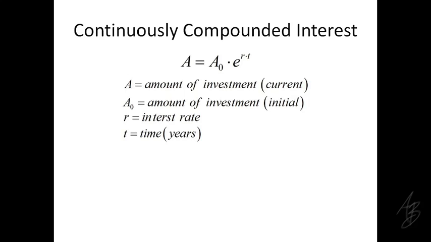And this particular equation is the equation we get when the interest is compounded continuously. We'll also see examples on investments where the interest is not compounded continuously, but might be compounded daily or monthly or yearly, and in that case this equation would not apply.